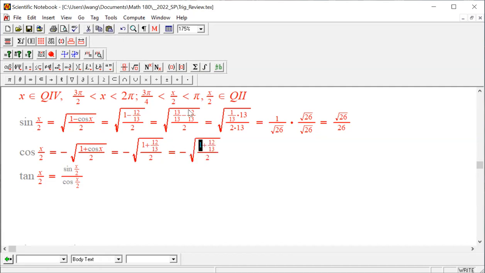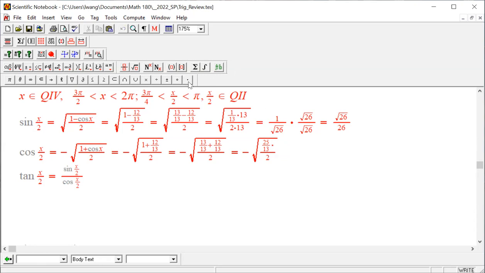And now 1 is 13 over 13, right? So that's going to be a negative of 25. 13 plus 12, that's 25. 25 over 13, and so this is gone.